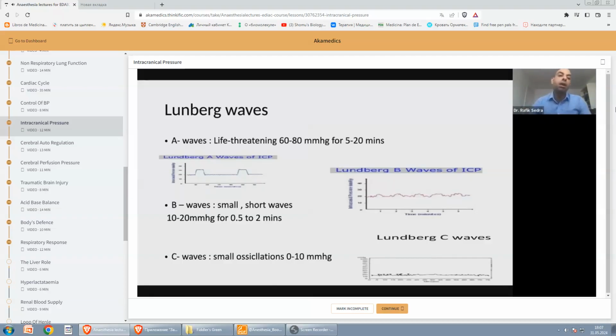They are called the Lundberg waves, A, B, and C. A is a life-threatening condition, as you can see on the screen. It is a wave with an amplitude of 60 to 80 millimeters of mercury, and it can last between 5 and 20 minutes. As I said, that's life-threatening. This means this patient might be dying quite soon.